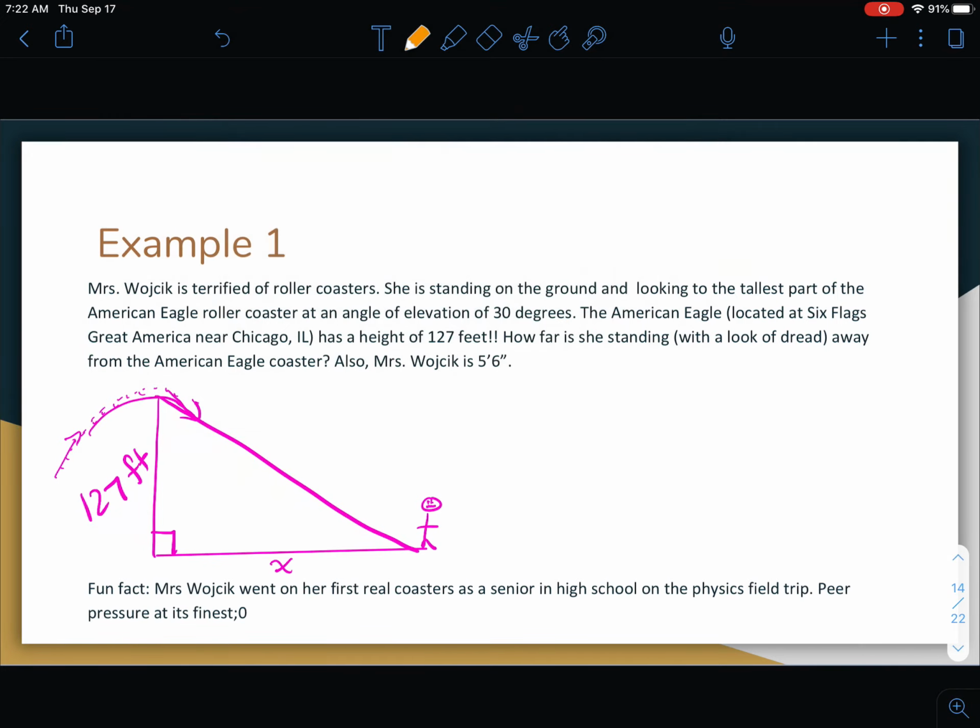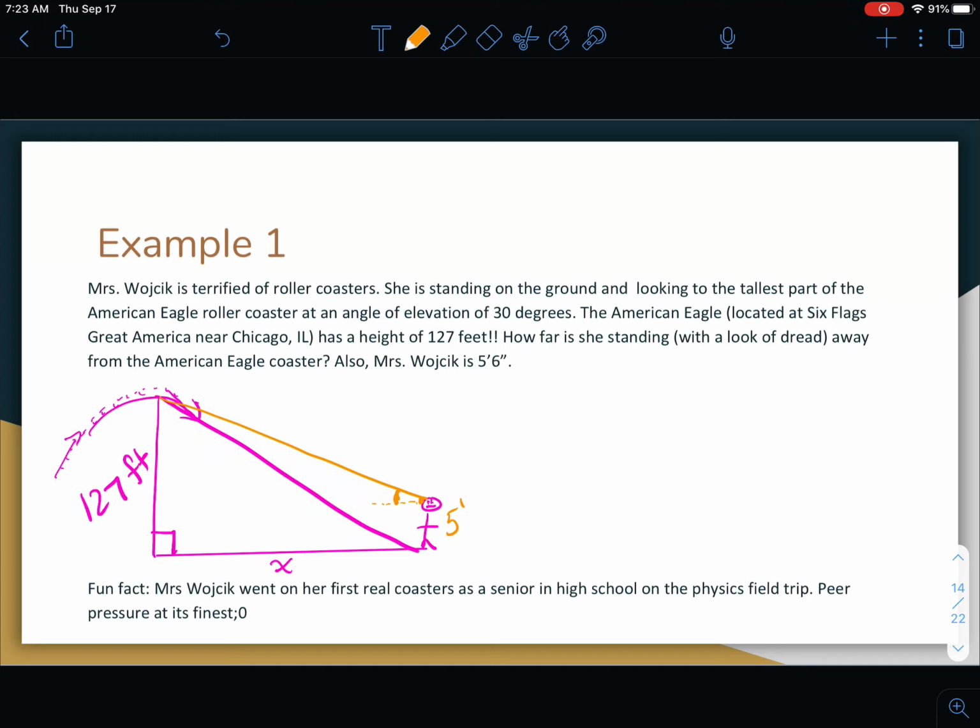Here is my eyeball, and here is my horizontal. And so my angle of elevation should really be here. Okay, that's my angle of elevation. So we're going to have to change our picture a little bit.